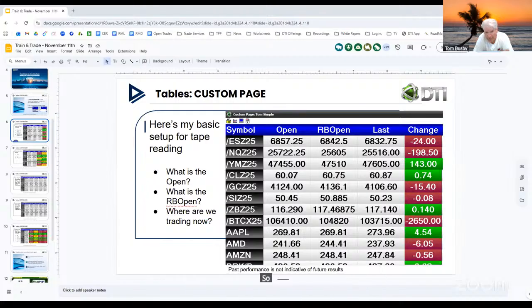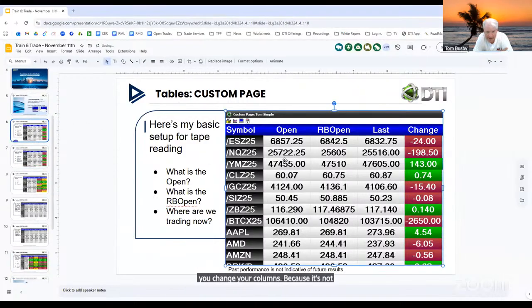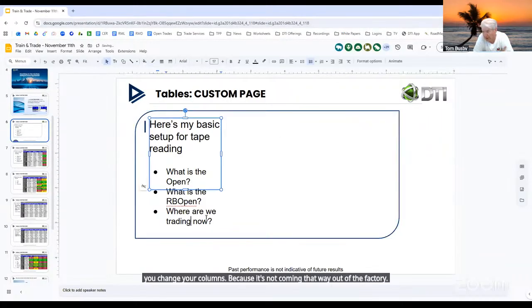So why don't we go back prior to this slide and say, here's how you change your columns, because it's not coming that way out of the factory. It will if you take Tom Simple down, but I want to know how to do it.